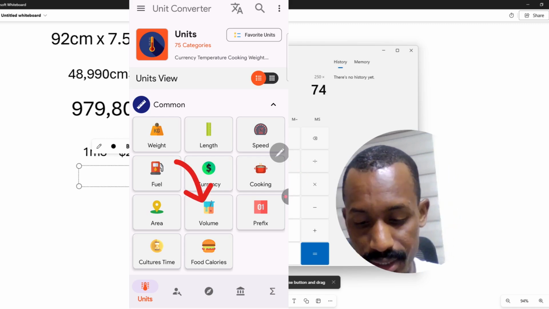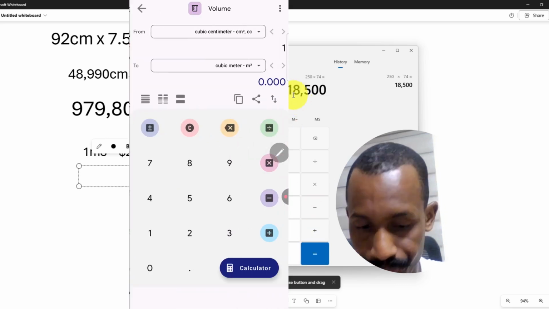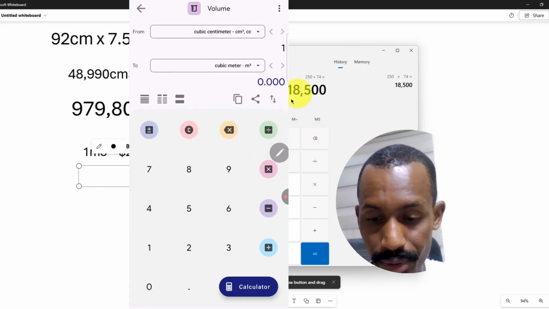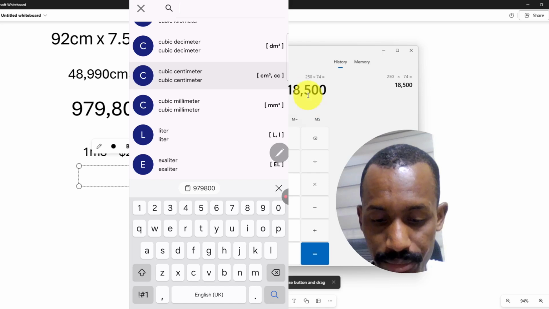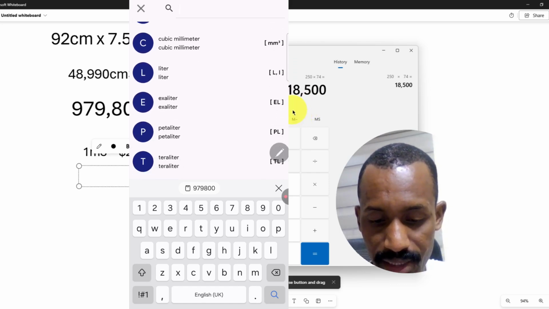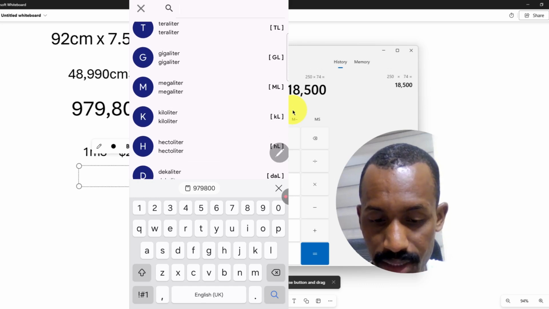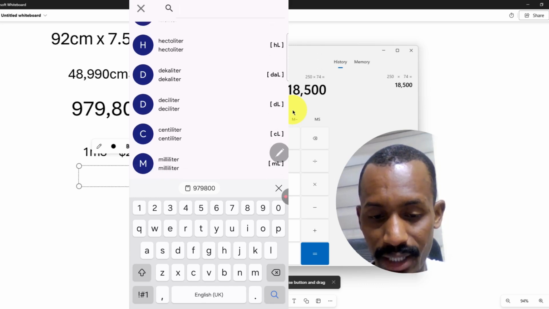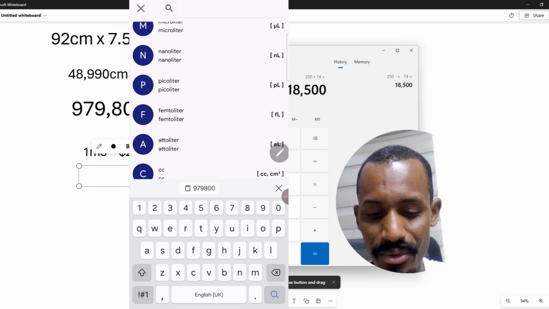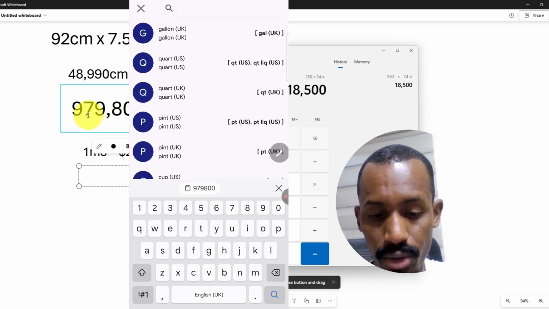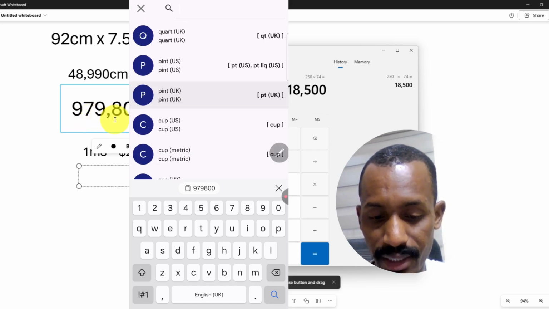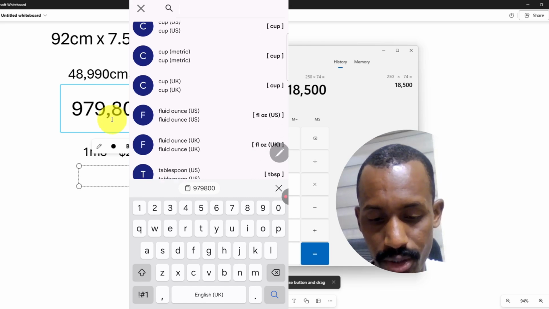Now what we are interested in is volume. Here you see all the different types of volume, like liters, milliliters, hectoliters, megaliter. We have all the prefixes, and when you come to the imperial units, you have cups, pints.